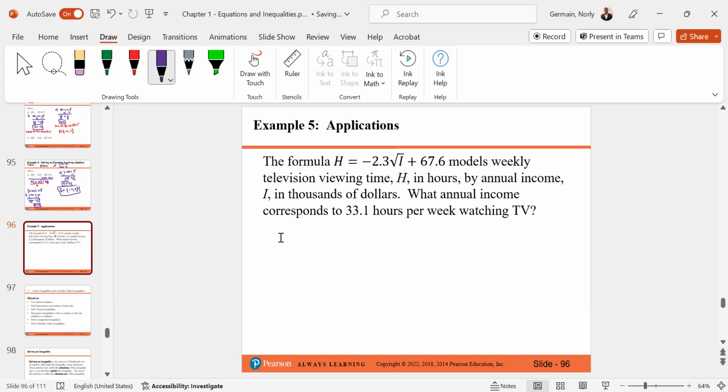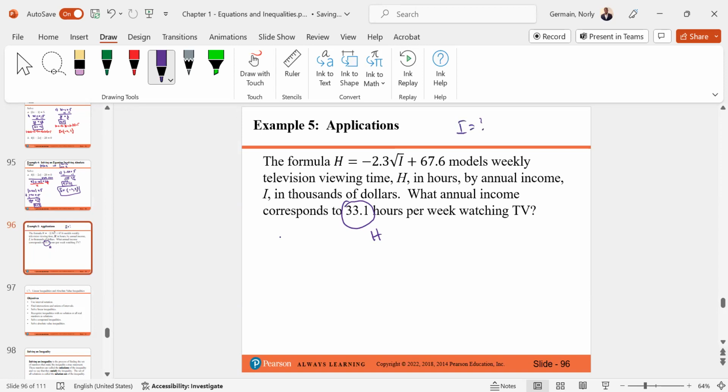What annual income corresponds to 33.1 hours per week watching TV? So you see, this one is really telling you a lot about our behavior. First of all, verify what 33.1 represents. Yes, it's h, the hours you watch. So you're looking for income, I. So what you're looking for is I.